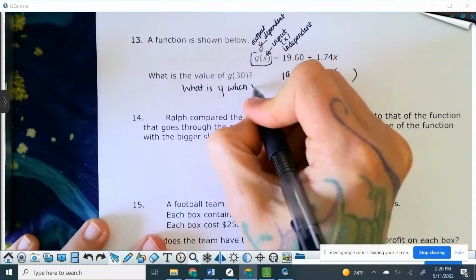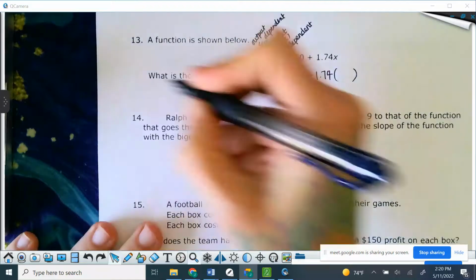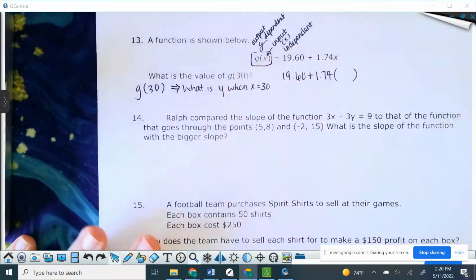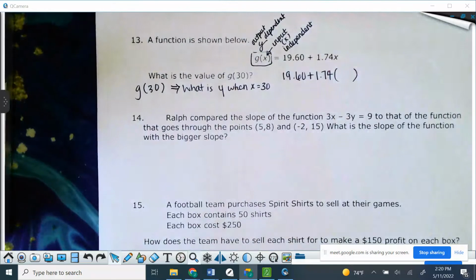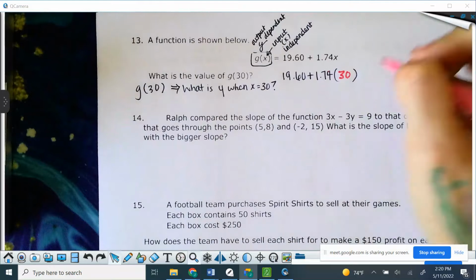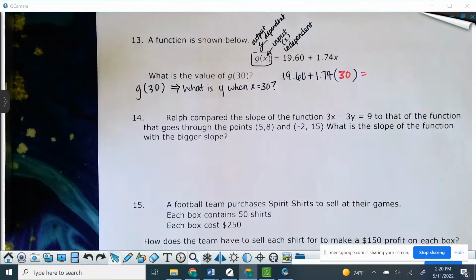when x equals 30? So that g of x, like this, is saying, what is y when x is equal to 30? Like conversationally. So we're going to take that 30 and we're going to plug it in here. And we're going to solve. So 19.6 plus 1.74 times 30.